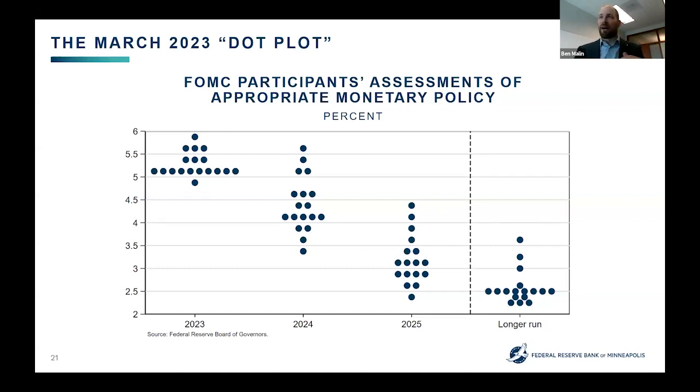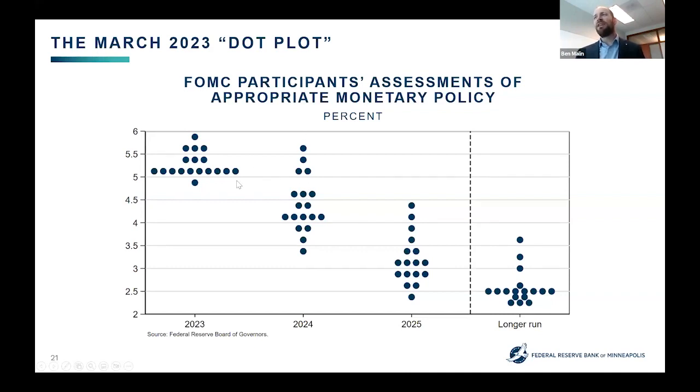And so they're going to have different models of how they think the world works, and what rate of the federal funds rate is going to be necessary to best achieve our objectives. And so here you see some disagreement even for the end of this year, ranging from we'll be done raising rates, we'll have a rate slightly under 5%, to we'll need to go almost as high as 6%. Going forward into 2024, there's more dispersion of these rates.